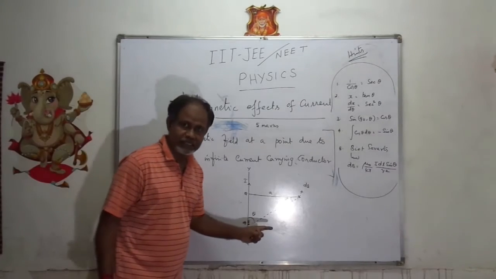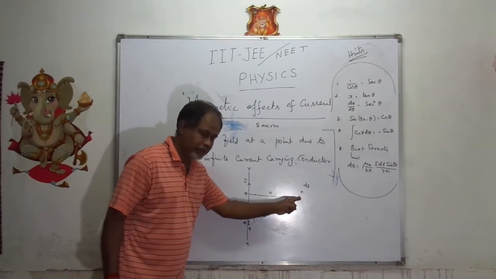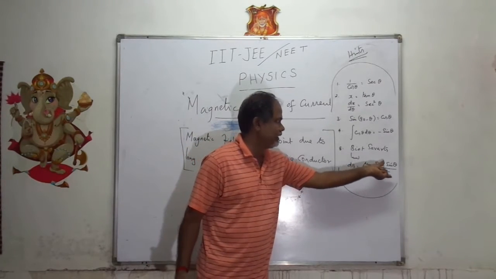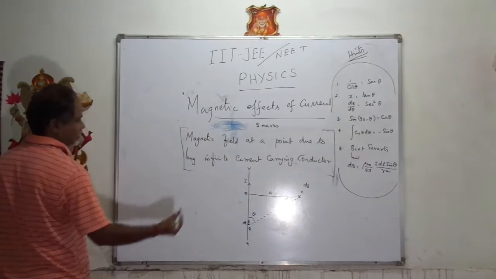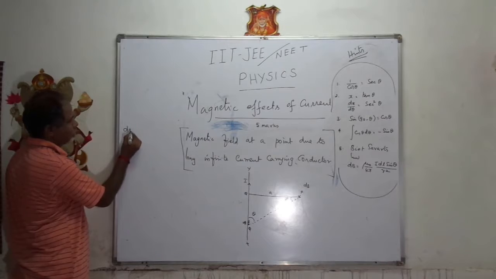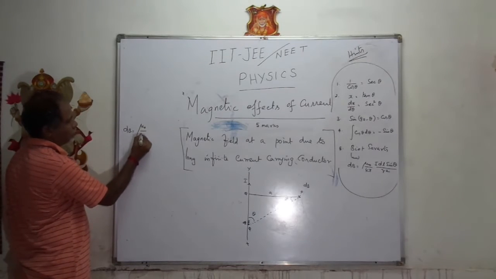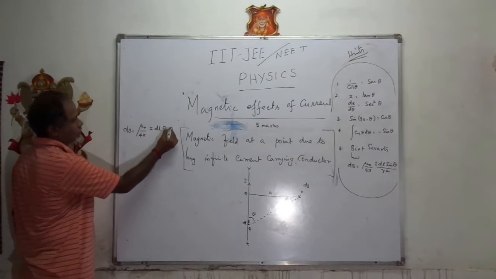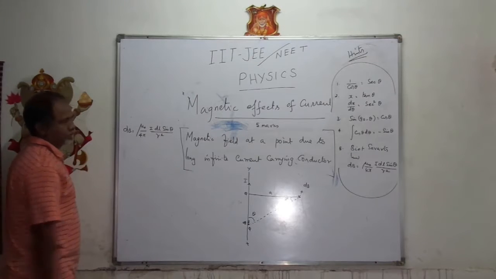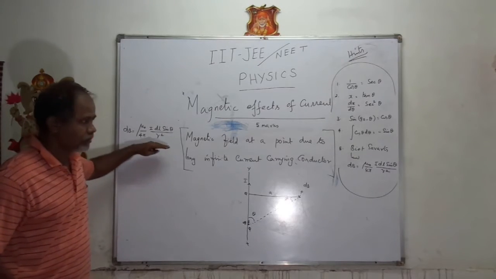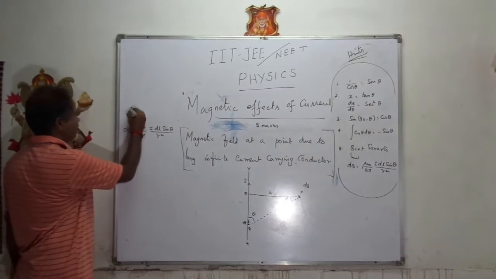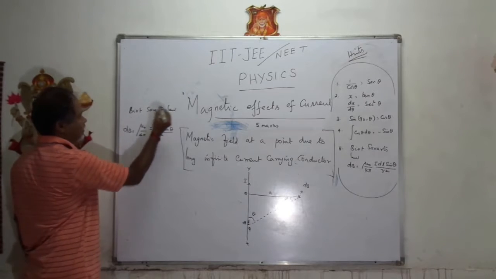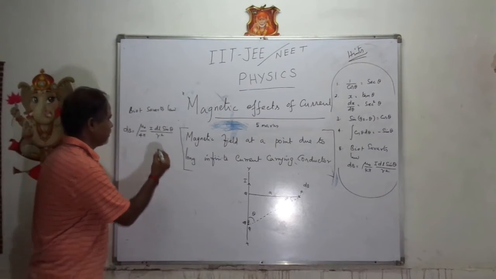According to Biot-Savart's law, the magnetic field at P due to the small segment is dB is equal to mu naught by 4 pi, I dl sin theta by r square. Let it be equation 1.